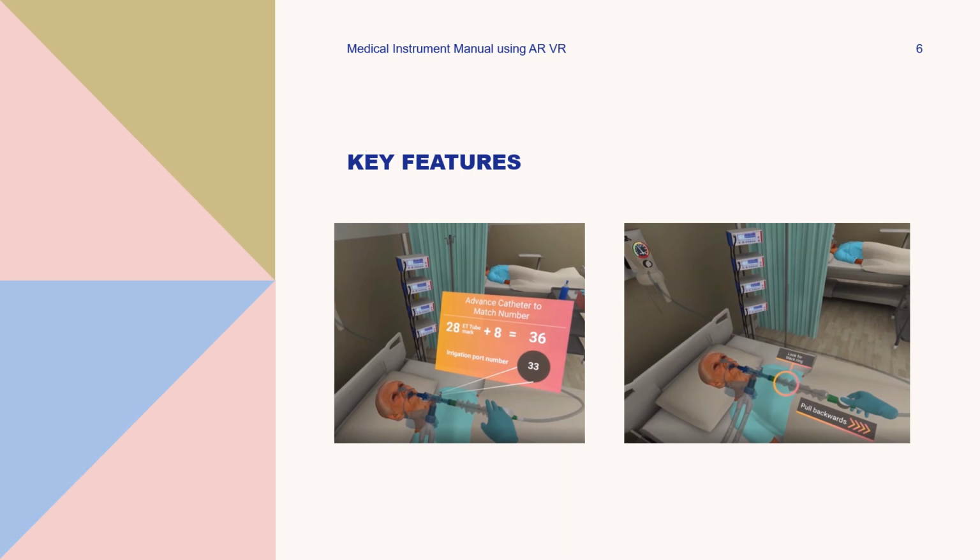As you can see here, we are capturing the data of a patient, and we are showing an advanced catheter on the screen, wherein we are capturing the port number and irrigation port number for the catheter, and we will also be monitoring patient health as well. Those inputs we wanted to add.